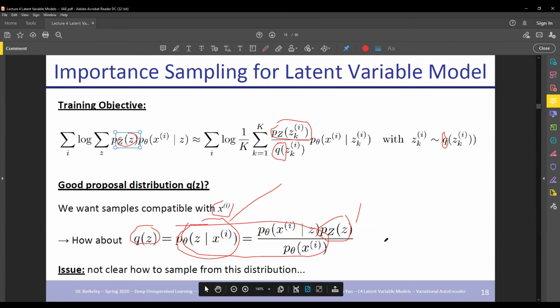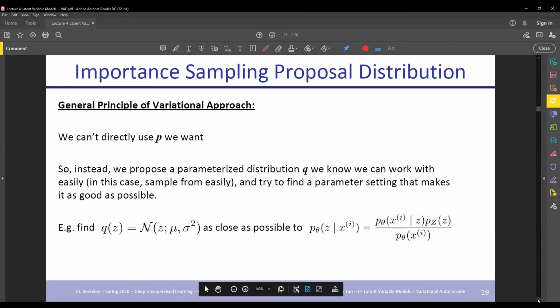So that's kind of what we begin to do. The point is that in importance sampling, we want a proposal distribution, which is QZ of Z. We cannot directly use the P distribution that we want. So we propose a parameterized distribution Q that we can work with and that we can sample easily.